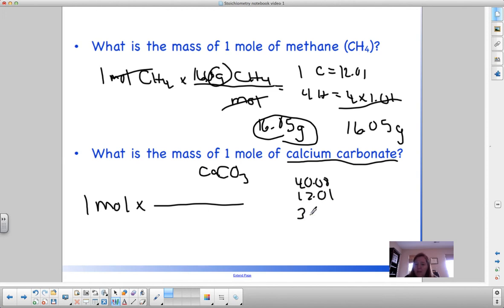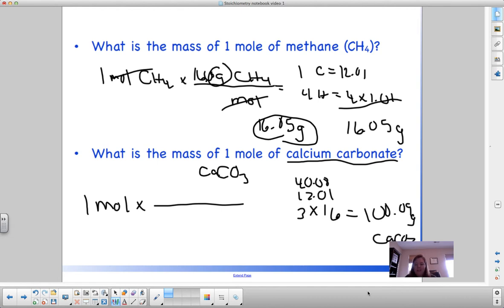And then we have 3 times 16 basically for our oxygen. Let's go find out what all this is. 40.08, 12.01, 48.00, 100.09 grams of CaCO3.